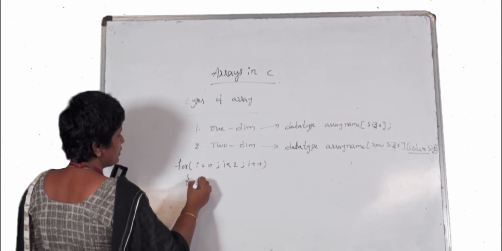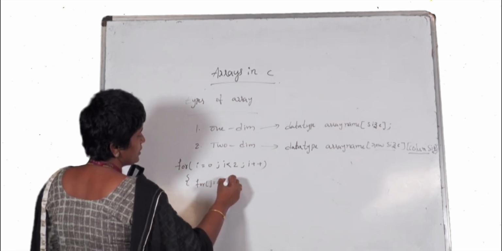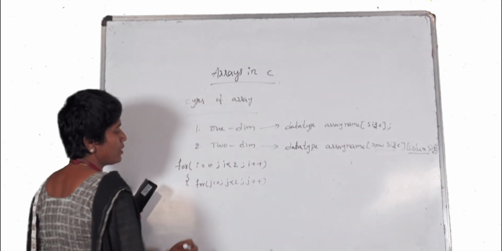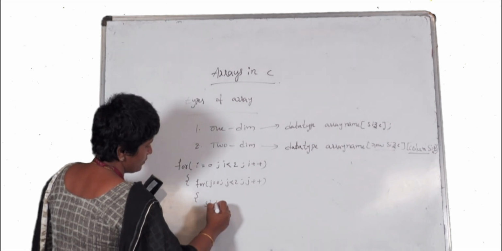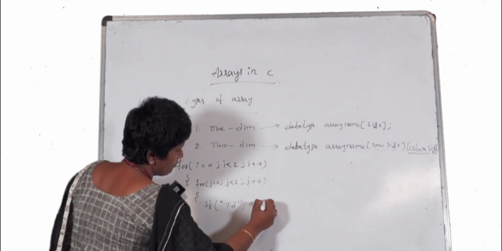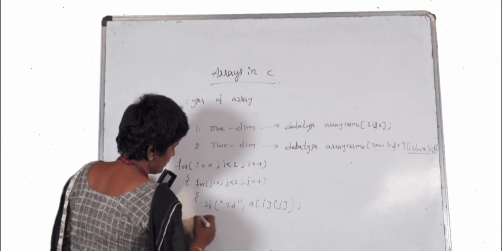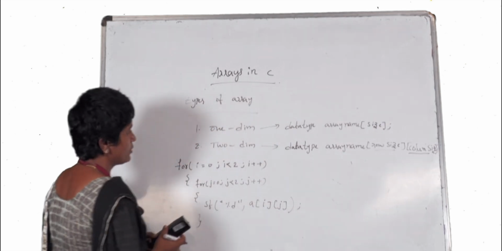And for column we will take another for loop: j equals to 0, j less than 2 and j plus plus. This is the row and this is the column. Next, scanf "%d", a of i and a of j. That means row position and column position.